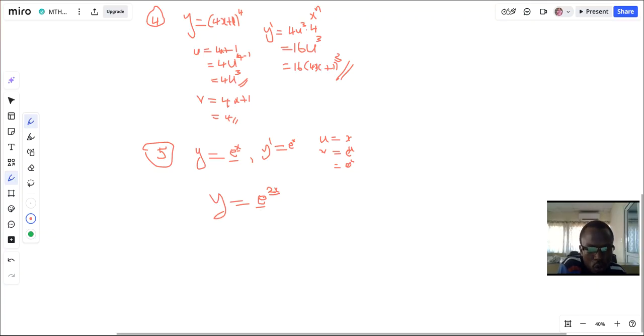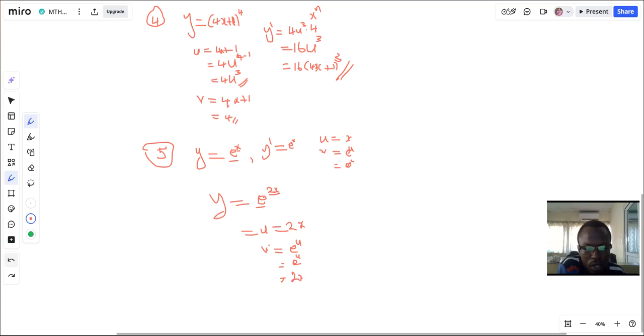So if you are given e power 2x, identify your outer function, which is e. Your inner function is u is equal to 2x, and v is equal to e power u. The derivative of e power u is still e power u, because the derivative of e does not change, and the derivative of 2x is 2.